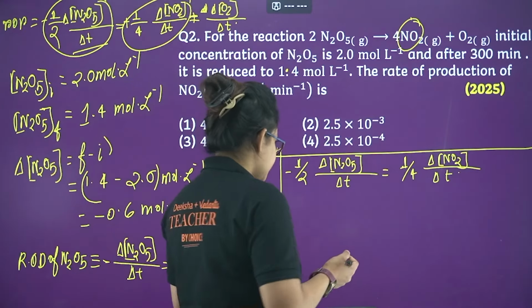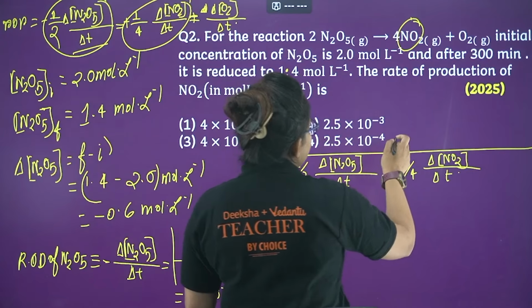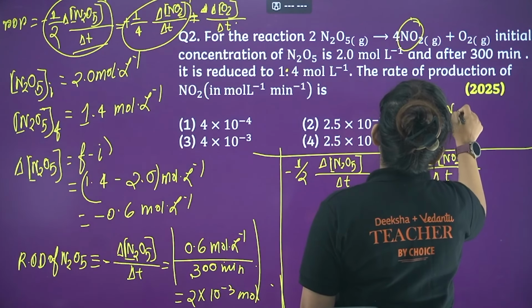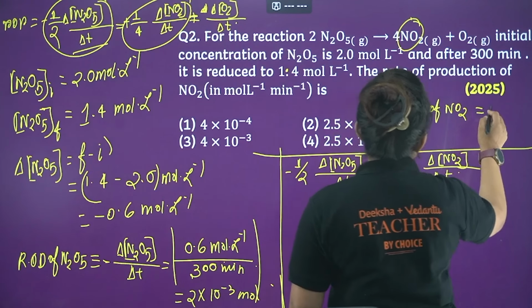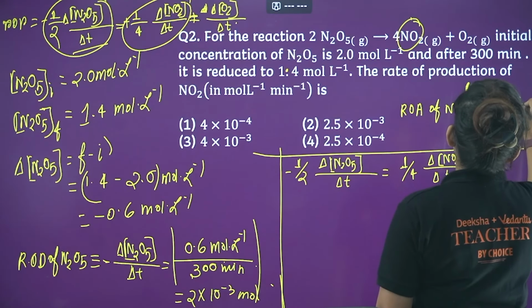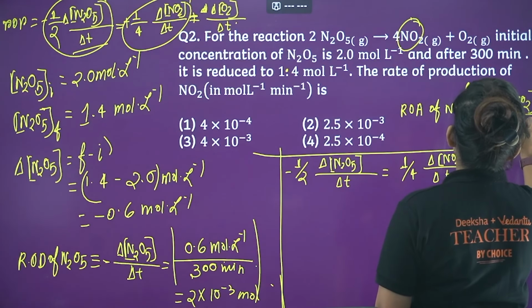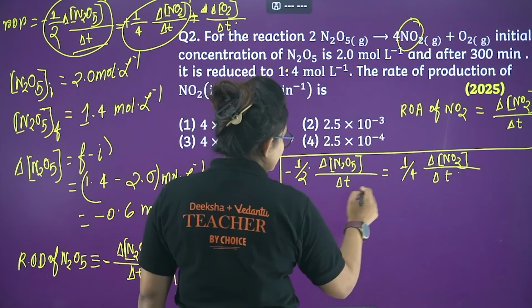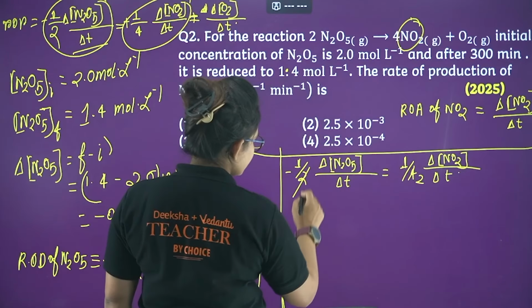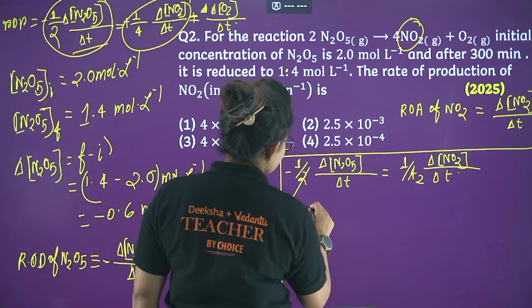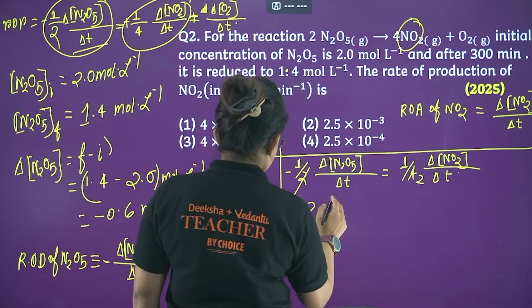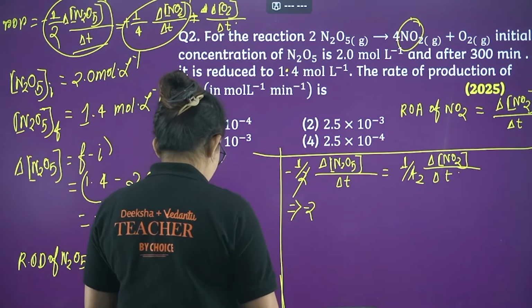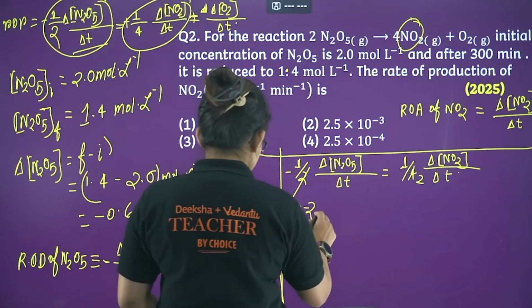So now, what is the rate of appearance? The rate of appearance of NO2 can be written as delta NO2 by delta T, right? You can see that term is already there. So let's cancel out: the 2 gets cancelled, this 2 will be multiplied here, and hence I am getting minus 2 of this value, which is minus 2 into 10 power minus 3.